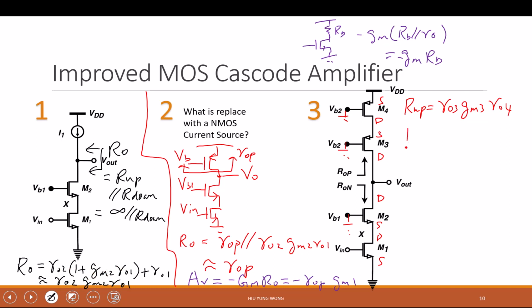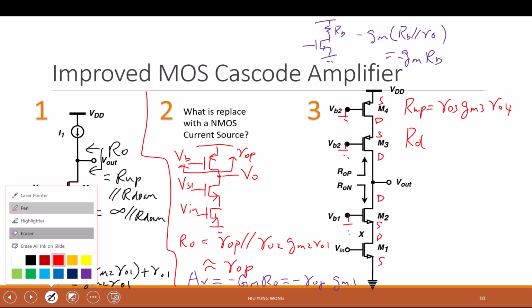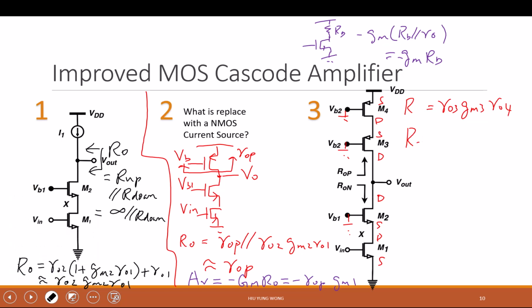And how about R down? Somehow here instead of up, I say OP, so I just call it OP. Here I call it ON. Can you tell me what is the input impedance when you look down, the RON? RO2, GM2, RO1.